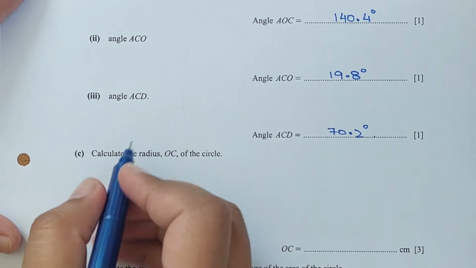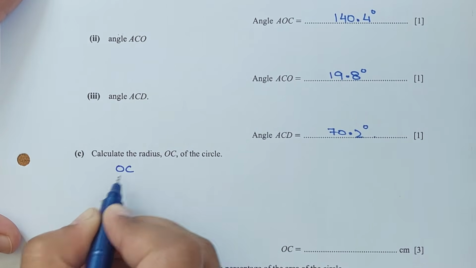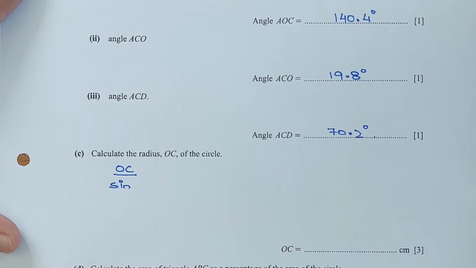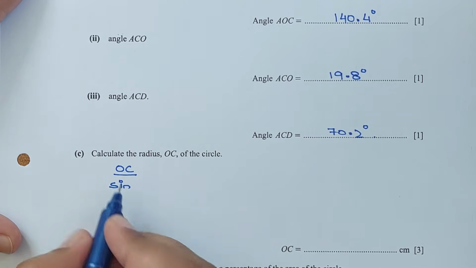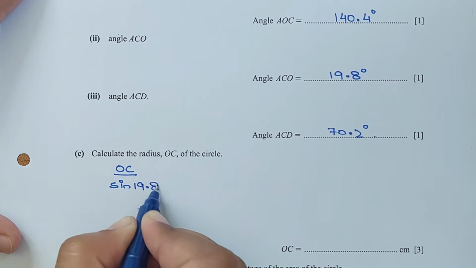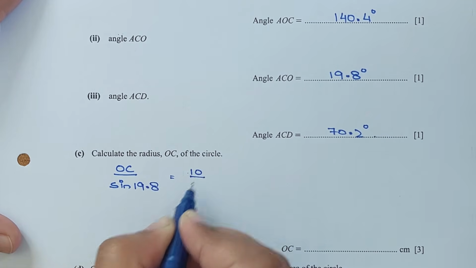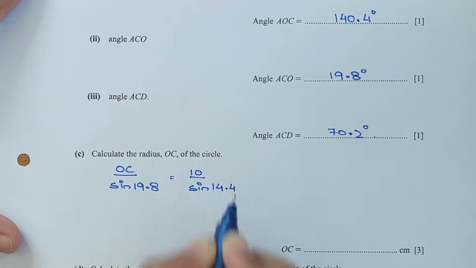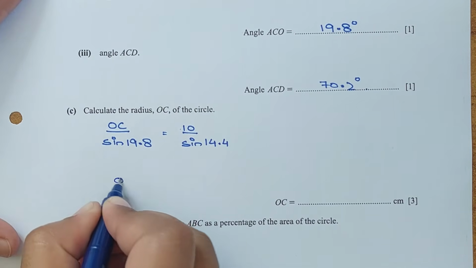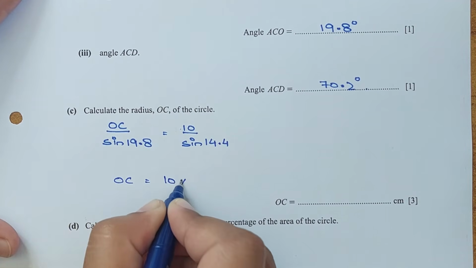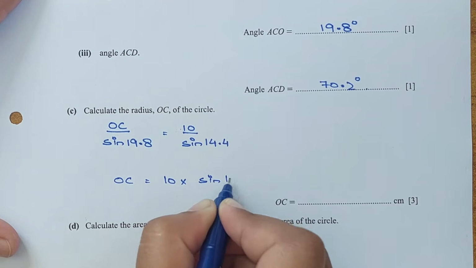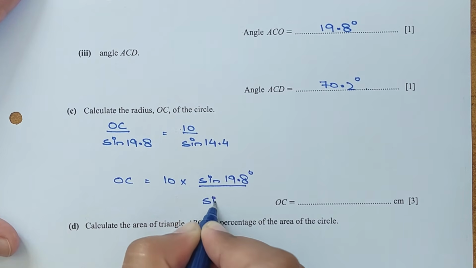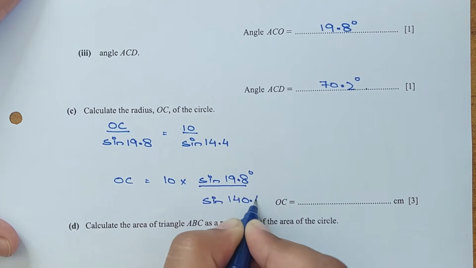So for law of sine, we can say OC over sine C, which is sine 19.8, equals to 10 over sine of 140.4. This is in degrees, right? So let me solve for OC. 10 times sine 19.8 degrees over sine 140.4 degrees.